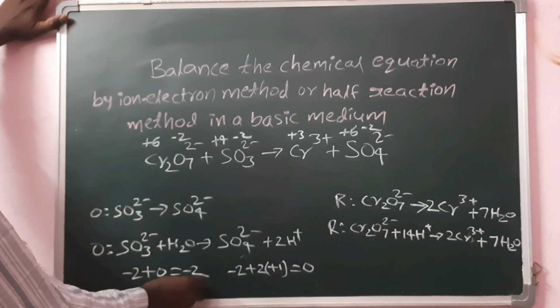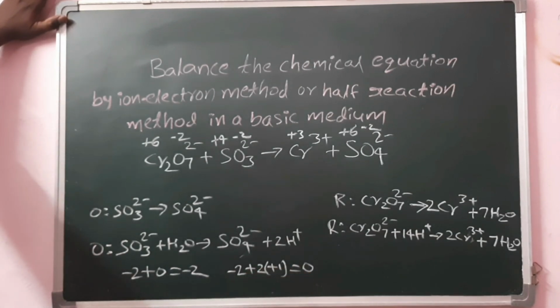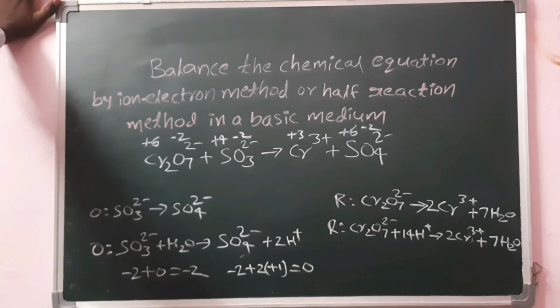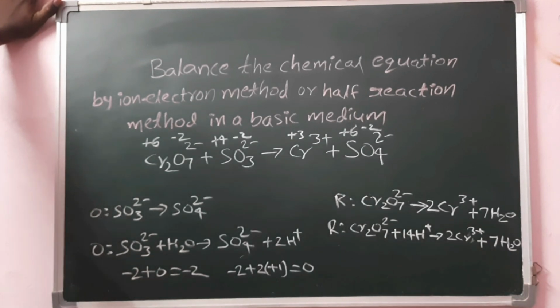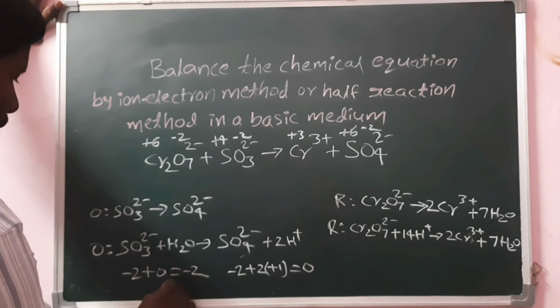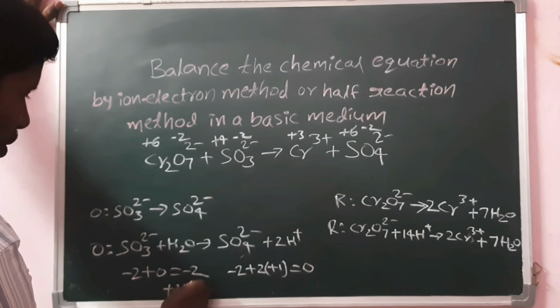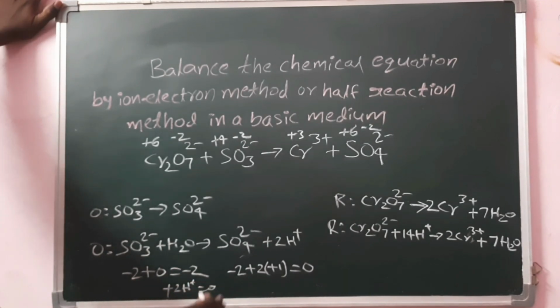So left hand side -2, right hand side 0. So both sides are not equal. To make them equal, you should add electrons as you counted protons. If you think of adding 2 protons to the left side to make it equal to 0, that is wrong. But you can add 2 electrons to the right side to make it equal to -2.